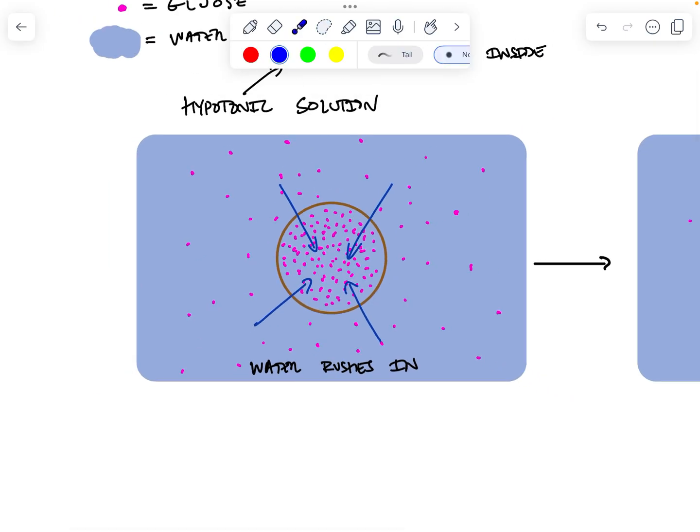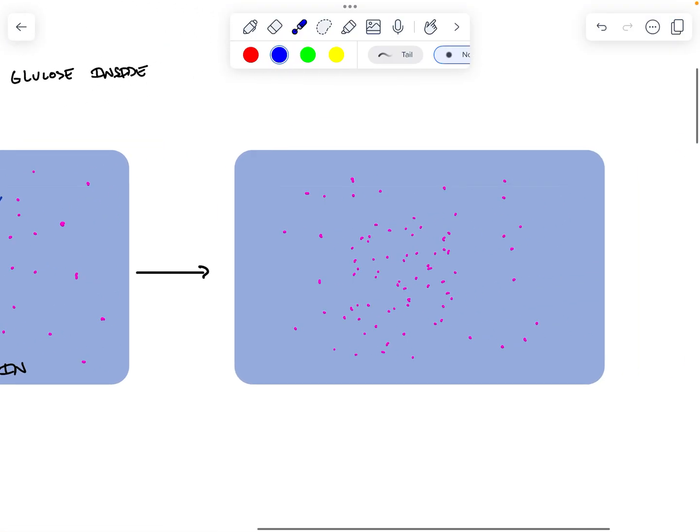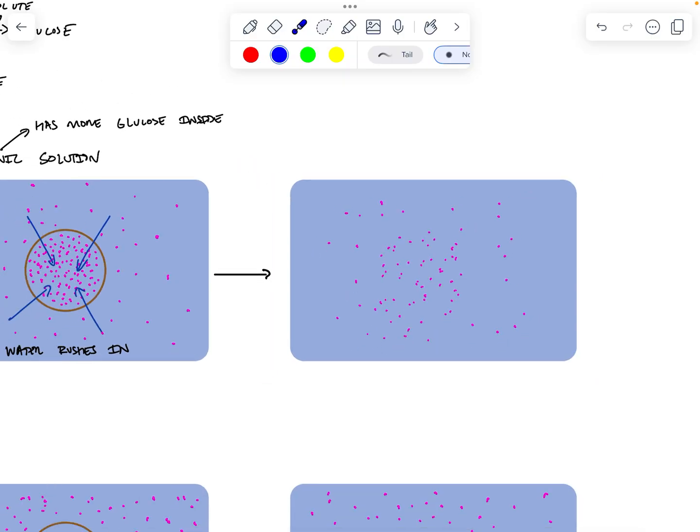Sometimes the cell just grows in size, but if the difference in concentration inside the cell and outside the cell is too great, what can happen is that the cell bursts. So I'm going to draw that here, kind of like a balloon.